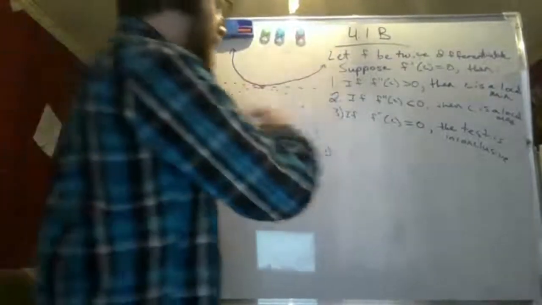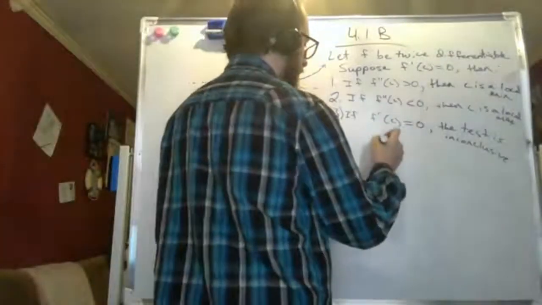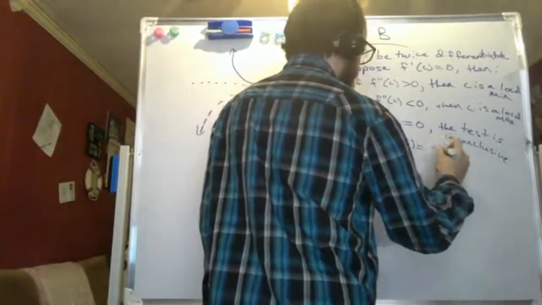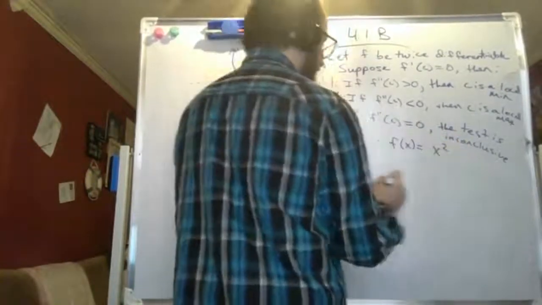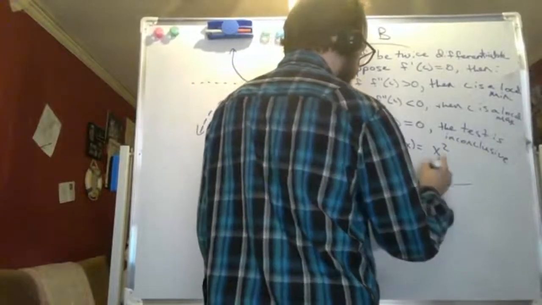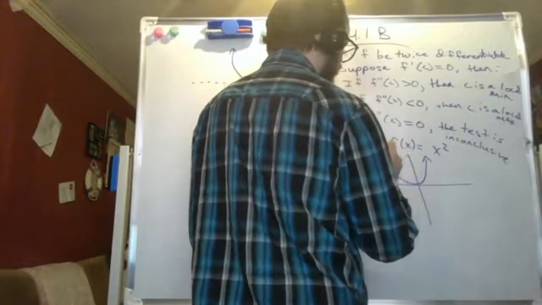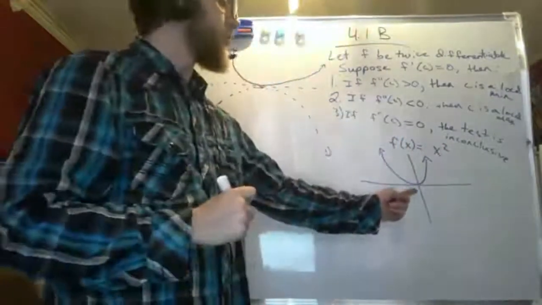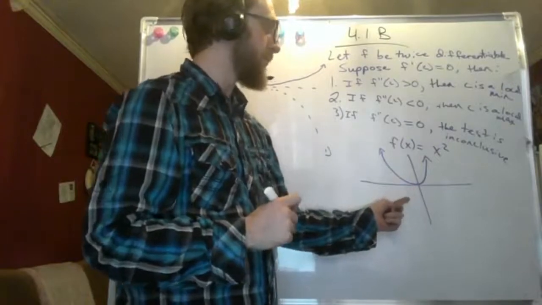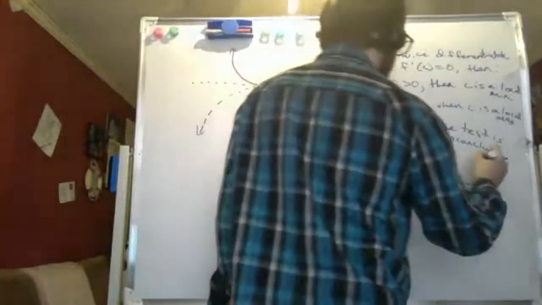Well, going back to 3.5, I believe we talked about the example where f of x equals x squared. In this case, we had the standard parabola U-shape. Note that we have an absolute minimum here at 0. This is also a local minimum. So we have a critical point at c equals 0.